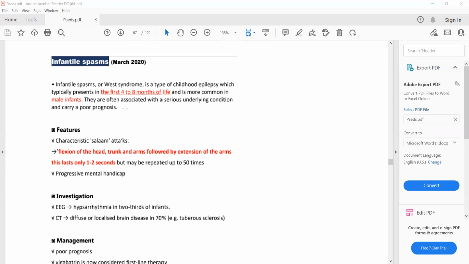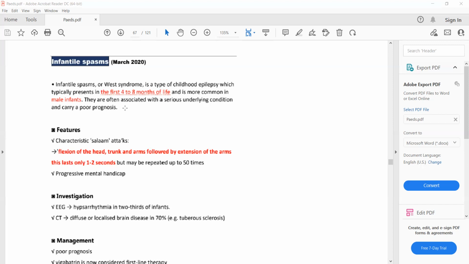And how to confirm the diagnosis? The diagnosis will be confirmed on EEG. EEG will show hypsarrhythmia in two-thirds of infants, and a CT scan will show a diffuse or localized brain disease, for example, tuberous sclerosis.